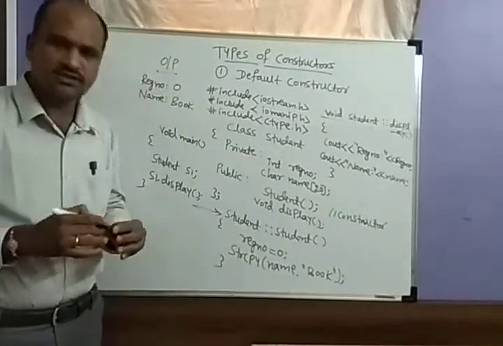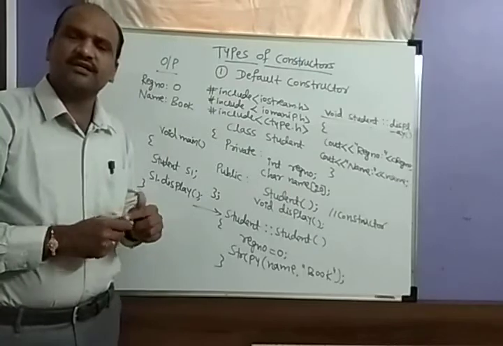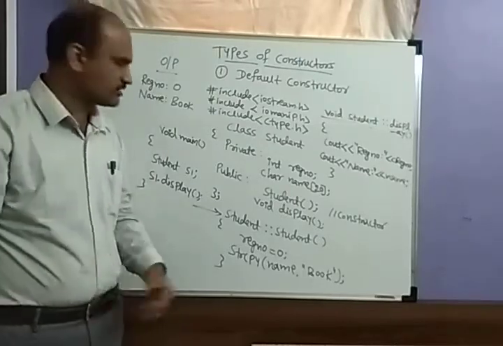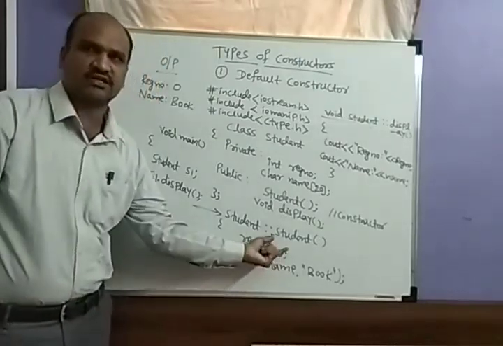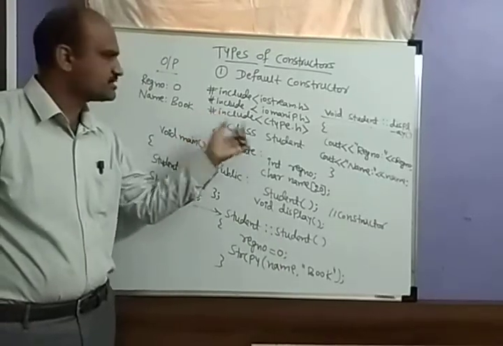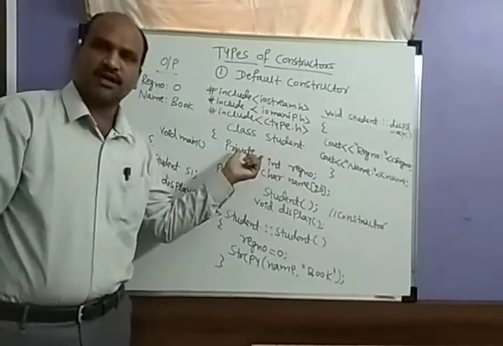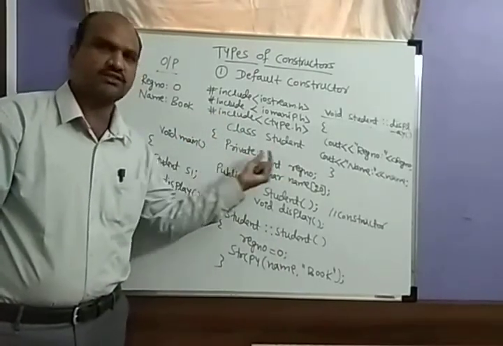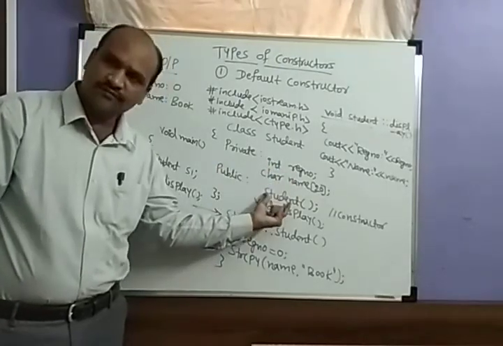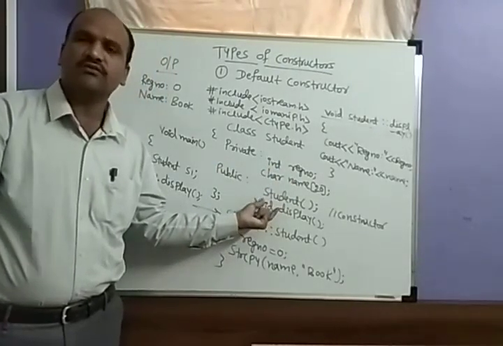Okay, so like this you can write any default constructor. This is a default constructor. First you write the header files, the class with the class name, the private section. In the public section we declared a default constructor, then the one function.